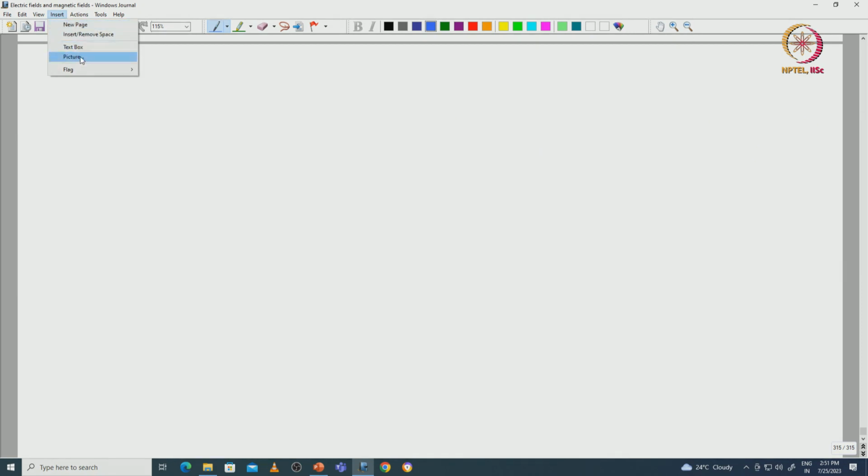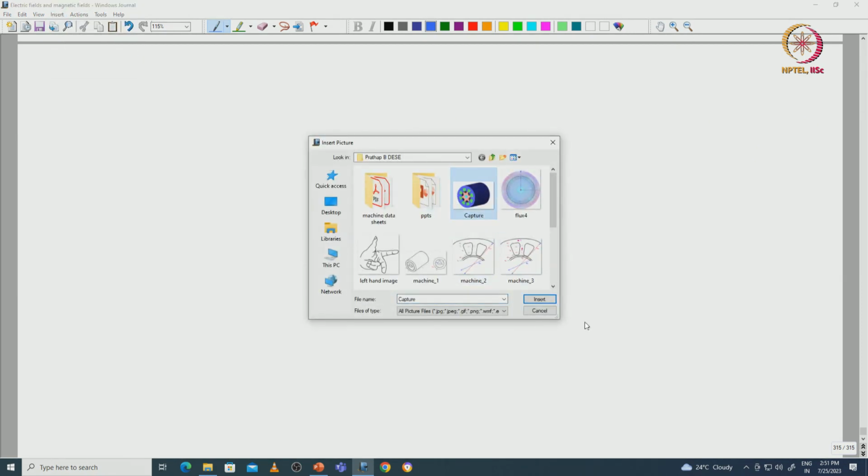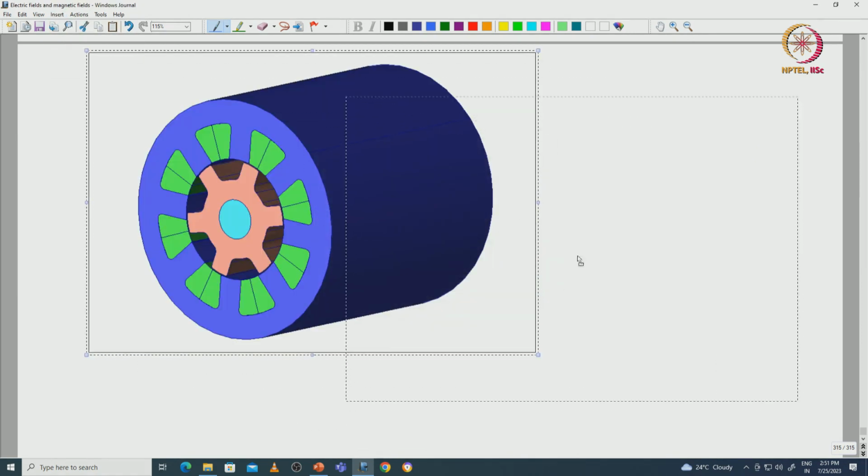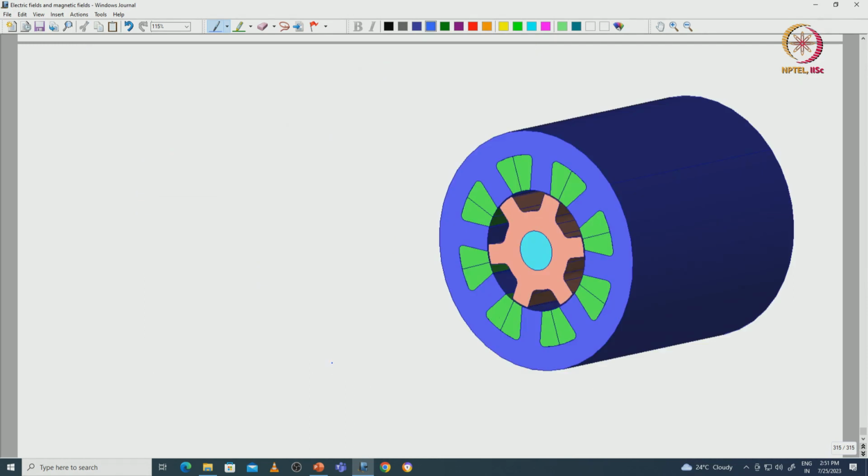Now, let us consider a switched reluctance machine, this one, which has a core length of L_E and inner diameter of the stator is D_IS.